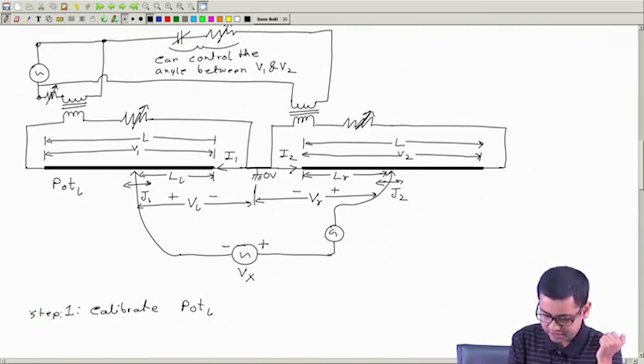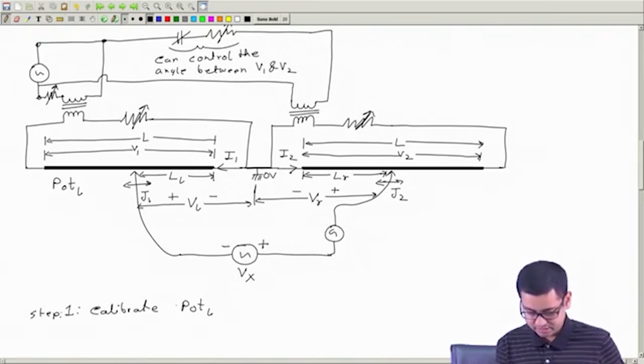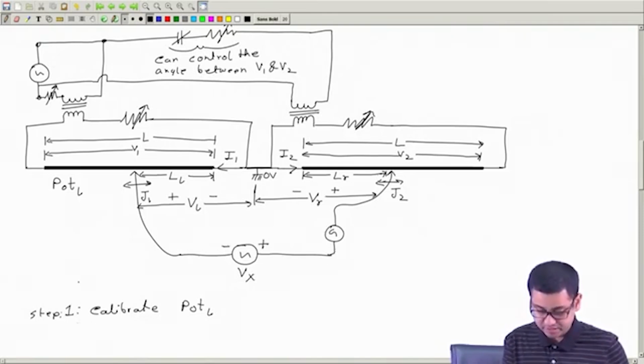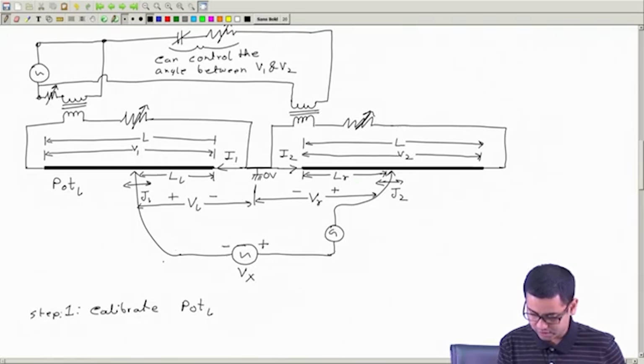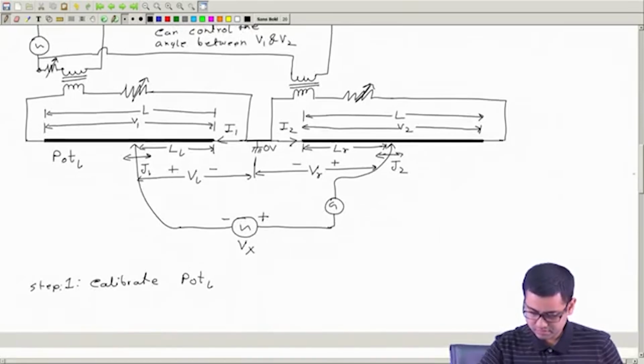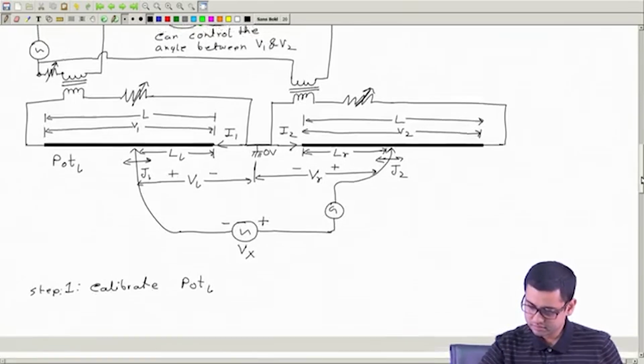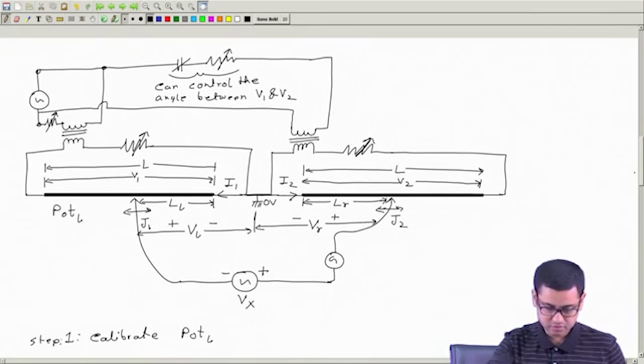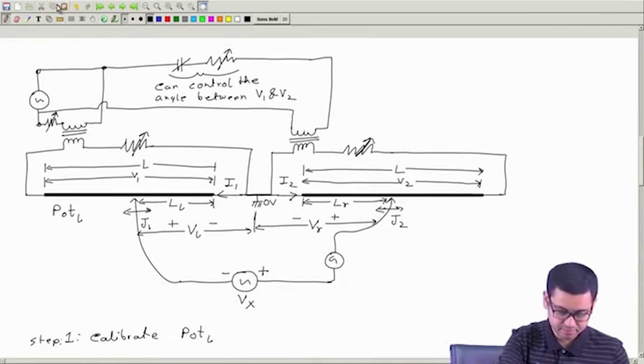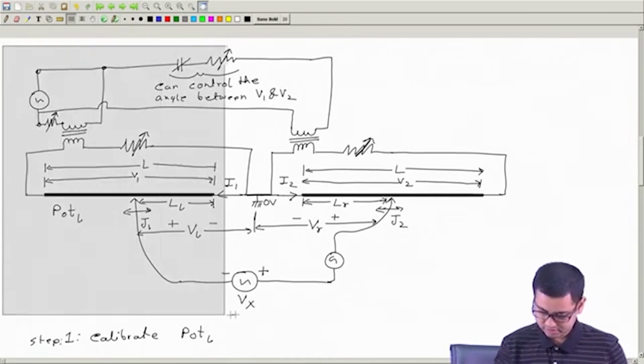So for that we need a standard cell, DC standard cell. Okay, so what we will do, okay, so let me make several copies of this.